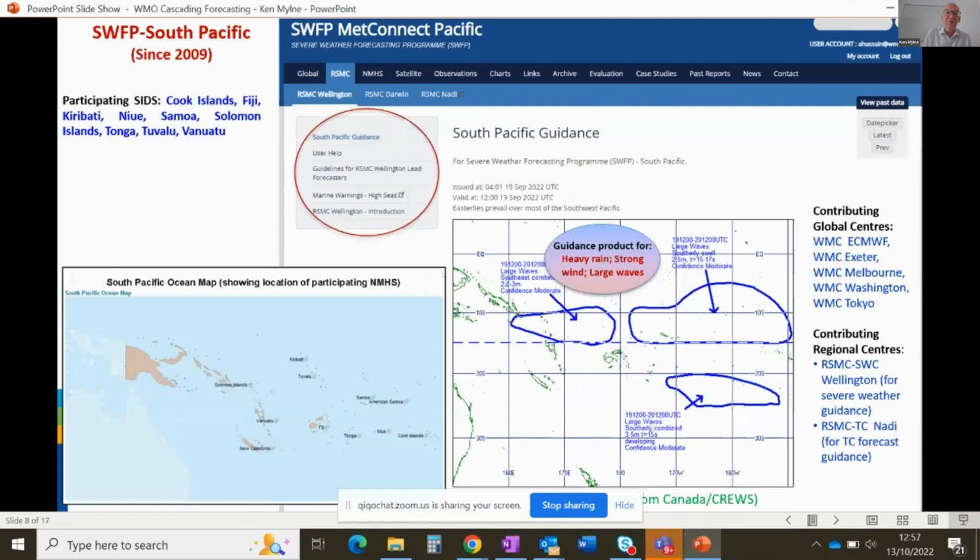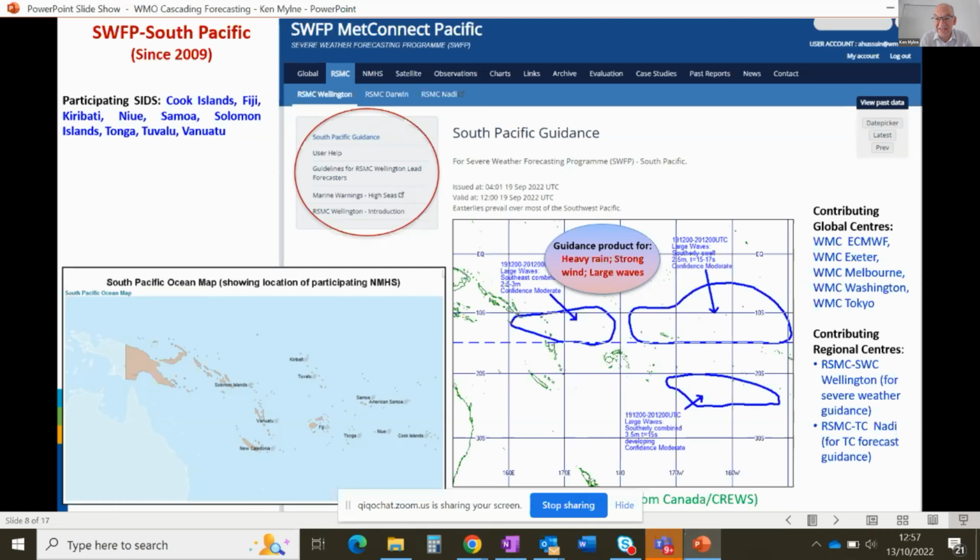This is another example from the second project that was set up in the South Pacific, where the guidance comes out from the New Zealand Met Service and supports a lot of small island states in the Pacific, as you can see on the map there on the left.